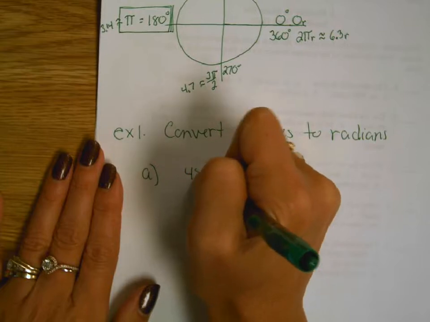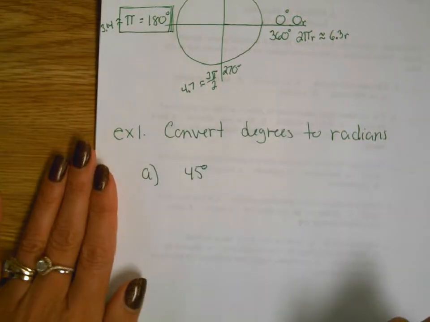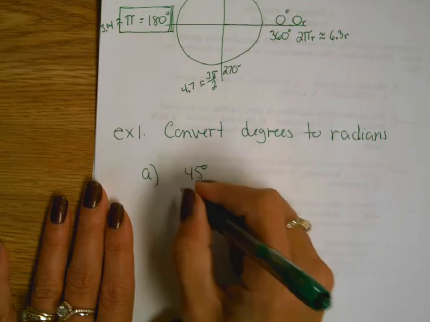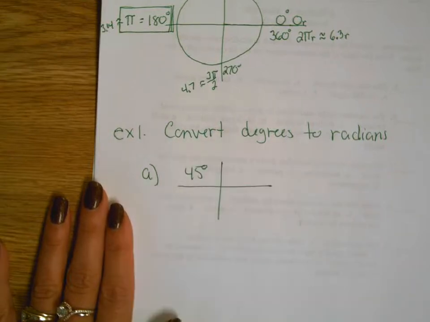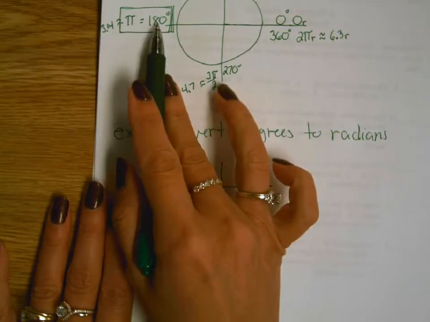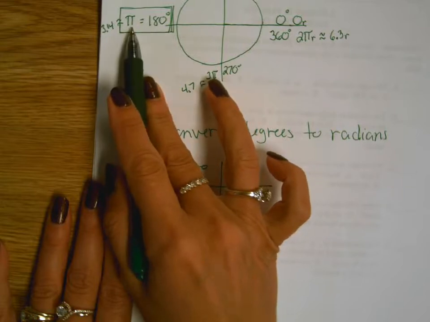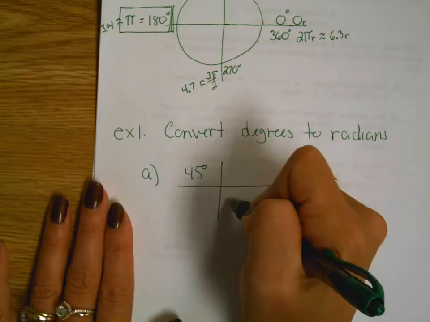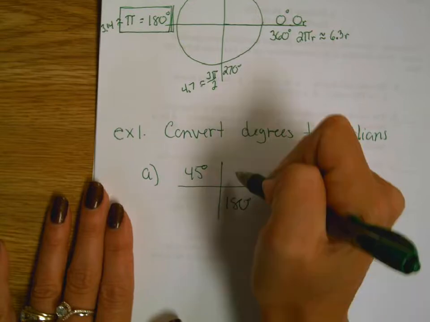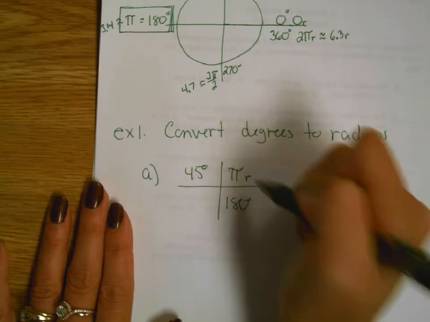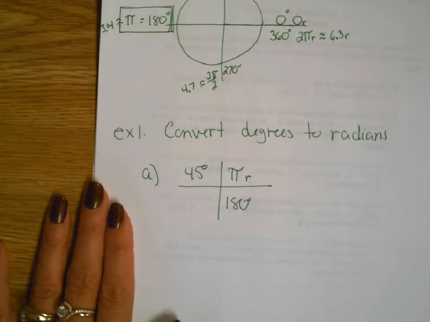Let's start with 45 degrees. We just got to multiply by our conversion. Our conversion is, in 180 degrees, there are pi radians. Because I want to cancel degrees, I'm going to put it in the bottom. I want to get to radians, I'm going to put it in the top. So essentially, all we're doing is dividing by 180 and multiplying by pi.